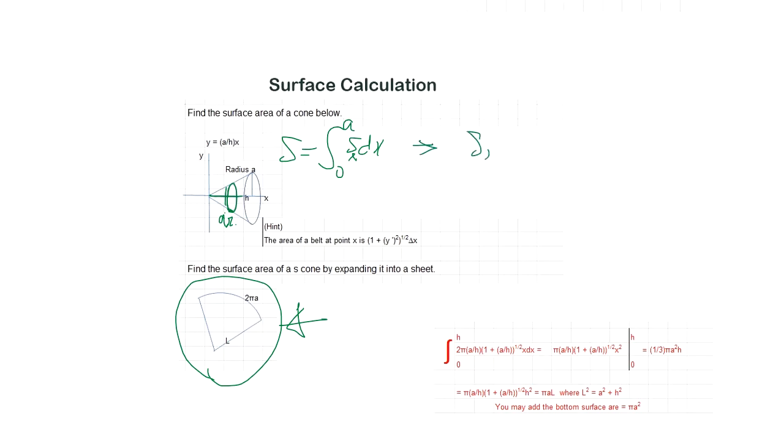And s x equals 2 pi x delta x, right? S x is 2 pi x times delta x, this is the band surface.